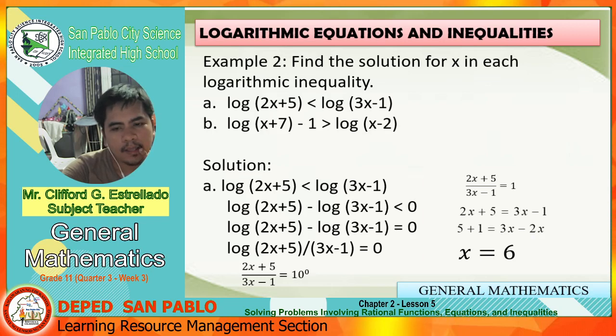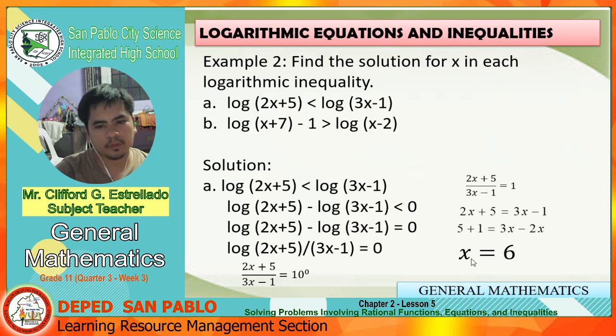Okay? And subtract 2x on both sides. So, we have 5 plus 1 is equal to 3x minus 2x. So, we have x now is equal to 6. Okay. So, meaning mag-0 itong logarithm natin kapag ang x ay equal to 6.